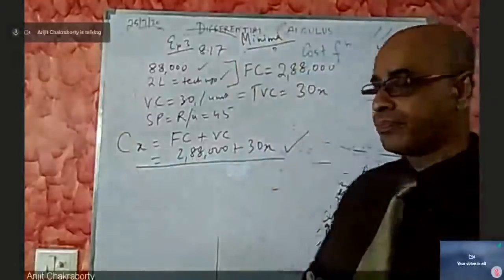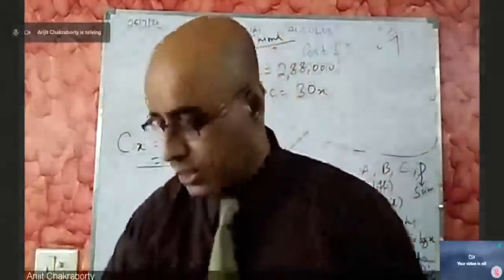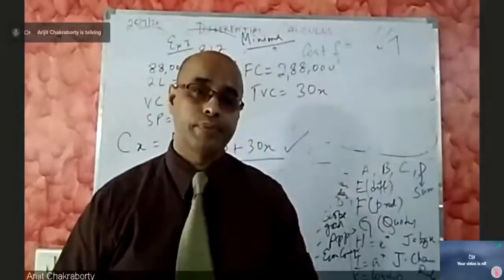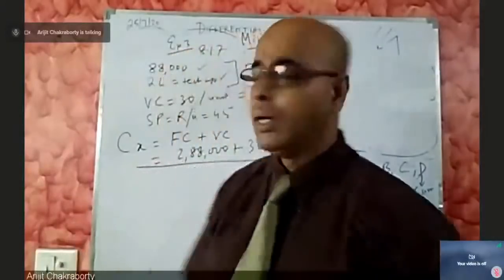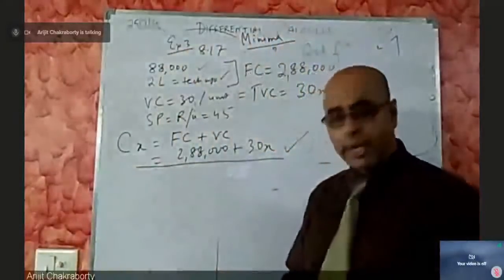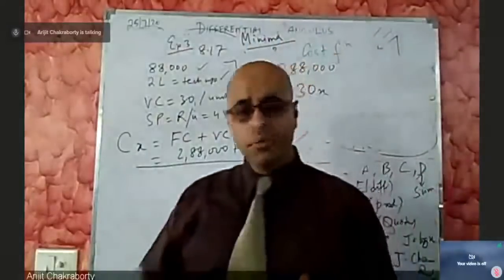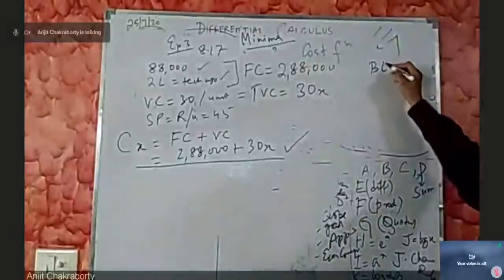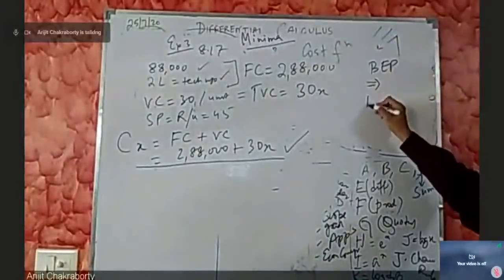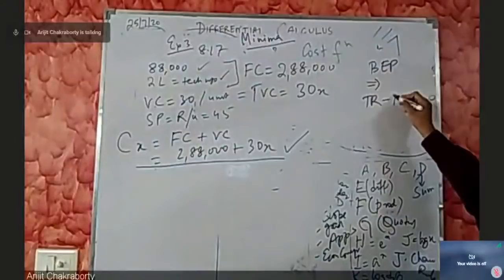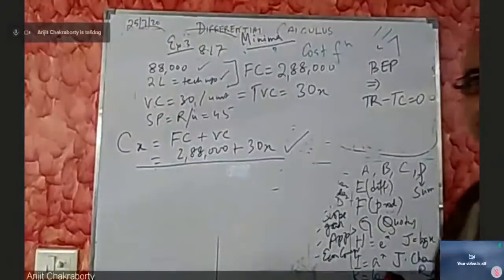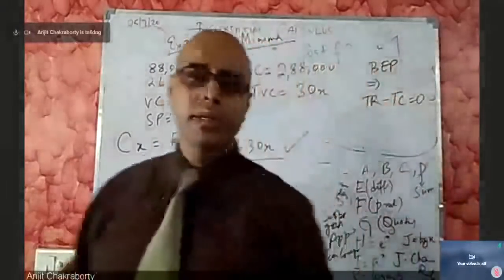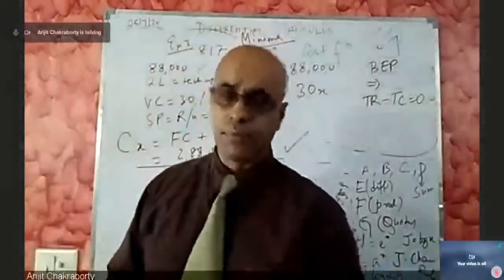So we have found out the first part. The second part of the question is the break-even point. Wonderful problem. Break-even point, you know, is where the total revenue is equal to total cost. So break-even point, BEP, means the total revenue minus total cost is 0. So it gives you a no profit, no loss scenario.